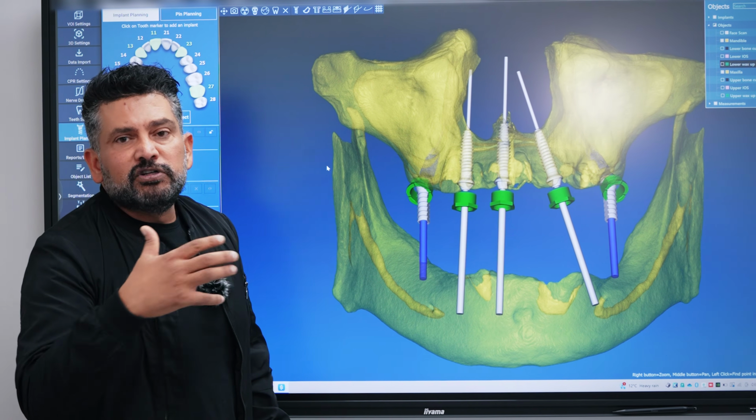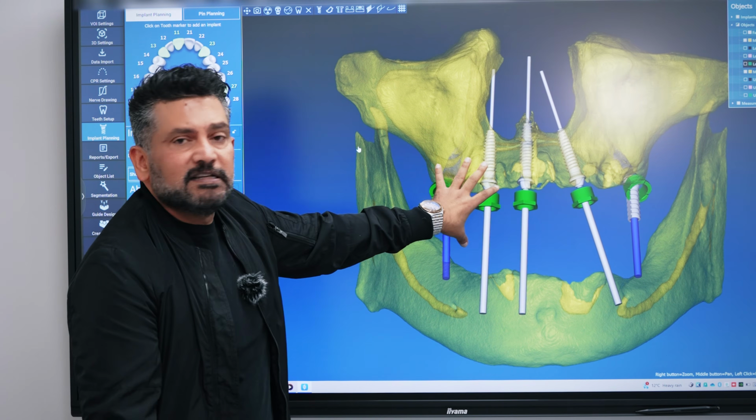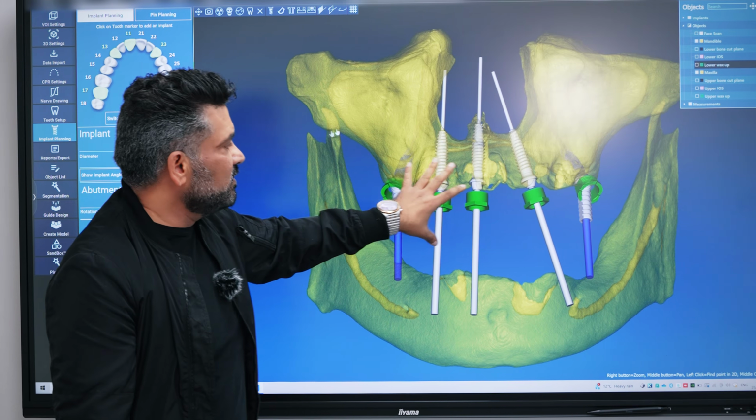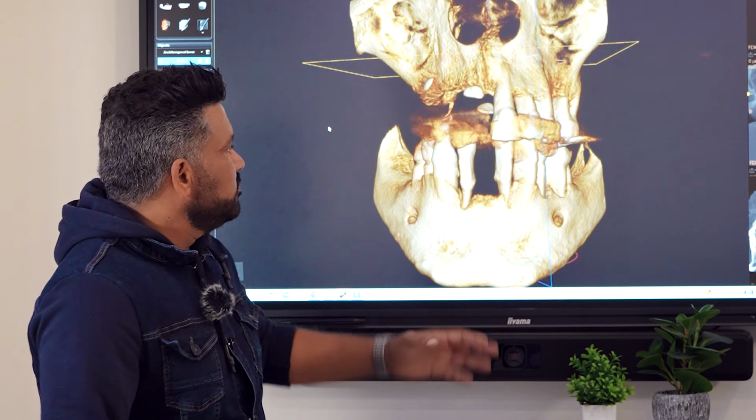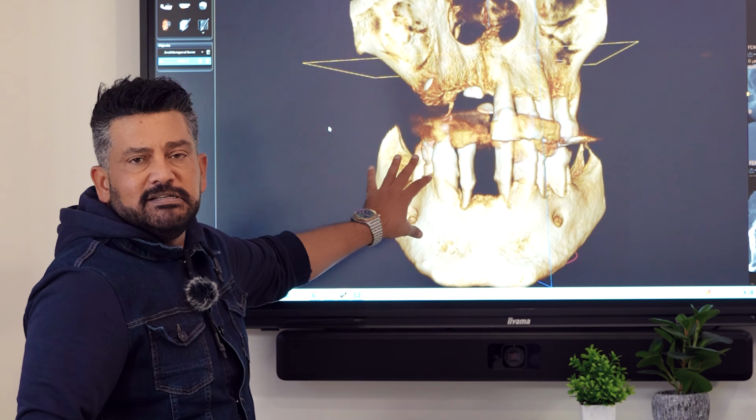Today, technology is so advanced that I can take these scans and do a virtual surgery and plan the position. To have very good planning, you need to start with the highest quality data you can possibly get. And the highest quality data today is all digital. It starts with things like taking a cone beam CT scan.